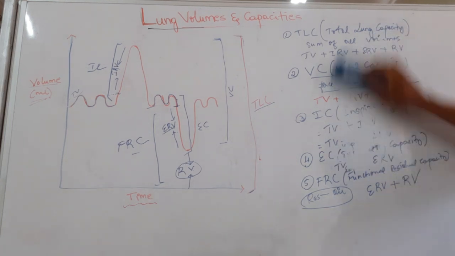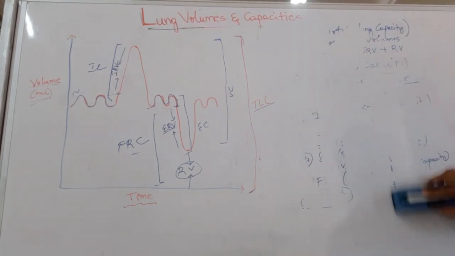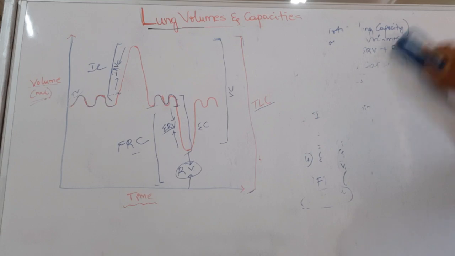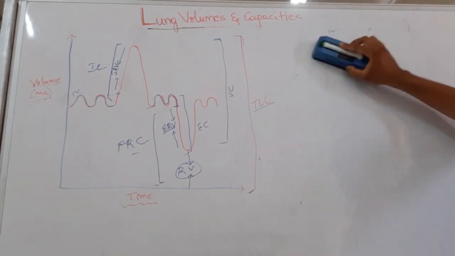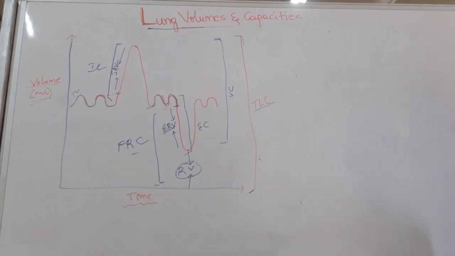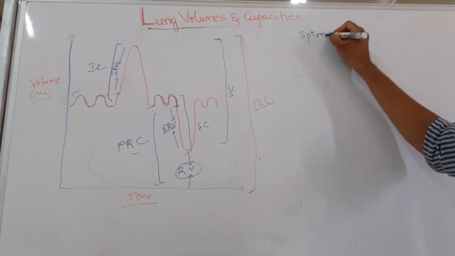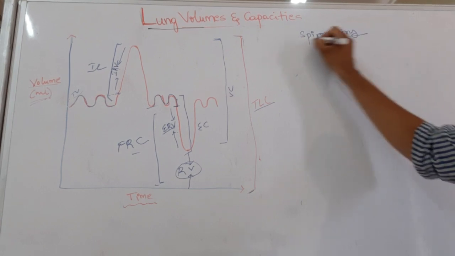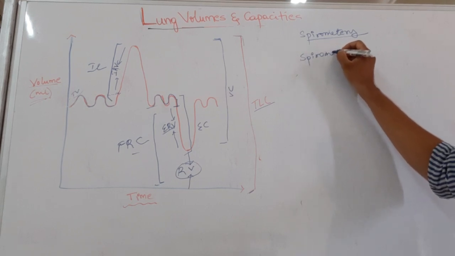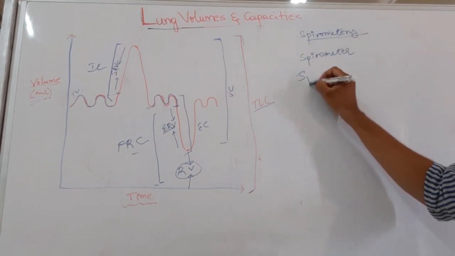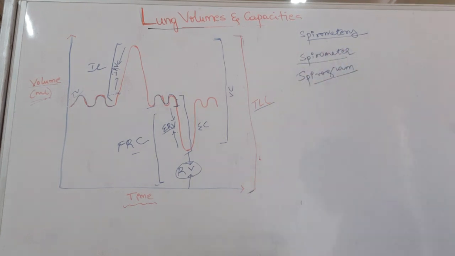So we have spirometry. Spirometry is a common pulmonary function test that is done using a device called a spirometer, and you get a recording called a spirogram. It is a graphical representation.